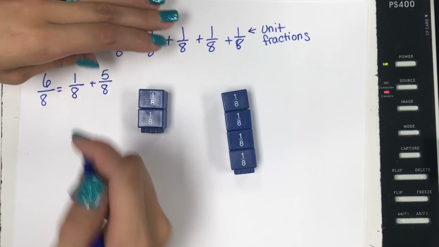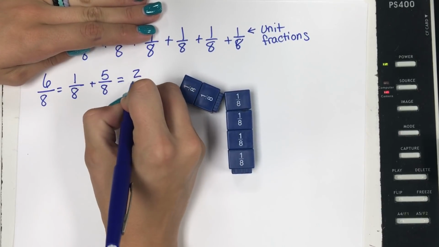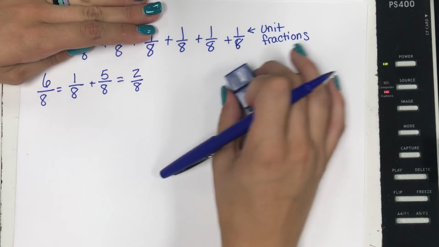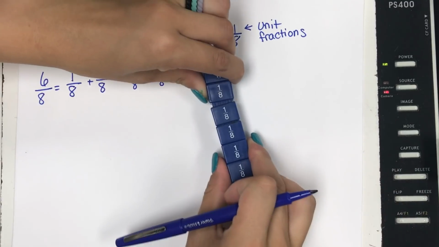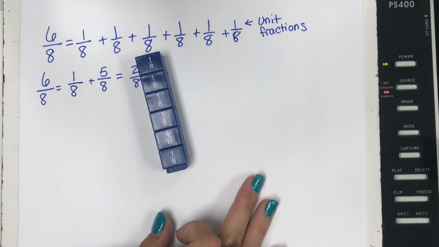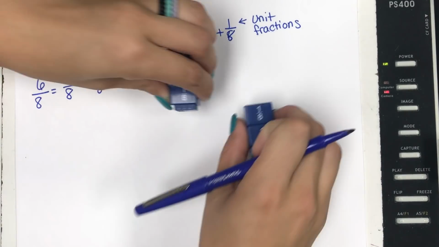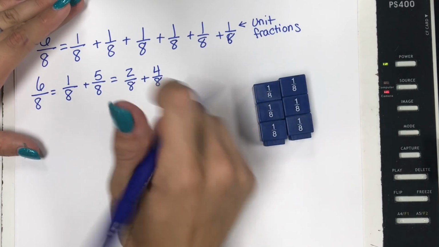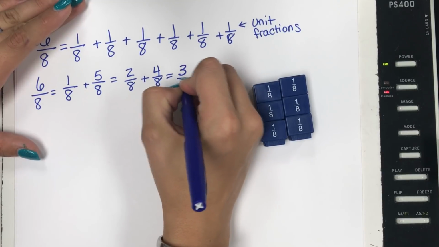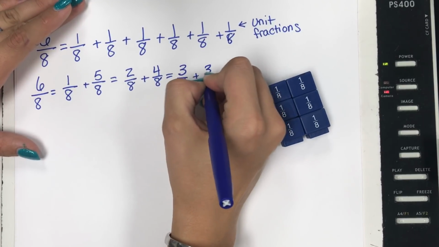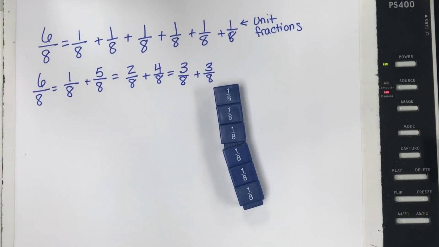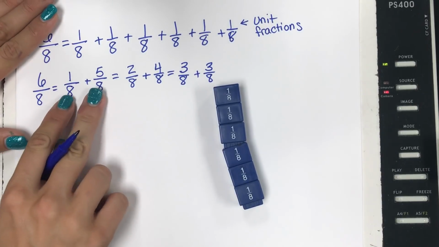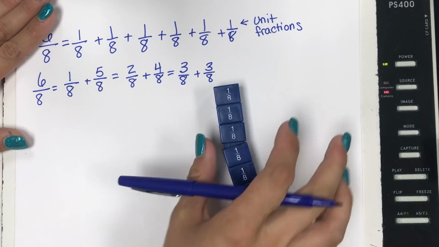What if I have 2/8 plus 4/8? Well, if I stick them back together, I still have 6/8. Could I say 3/8 plus 3/8? Yeah, sure. Because 3/8 plus 3/8, stick them back together, you get 6/8. Okay, so you can break it into two fractions.